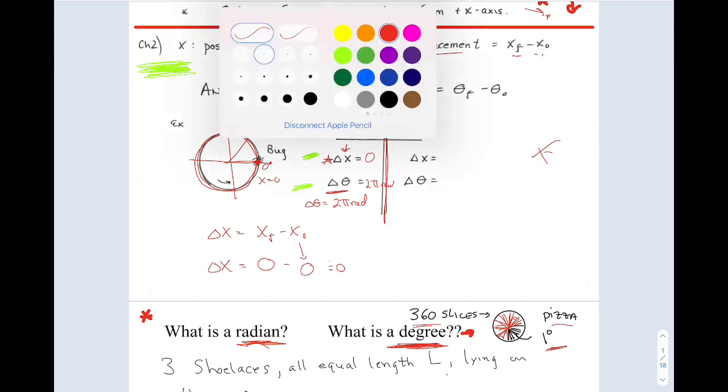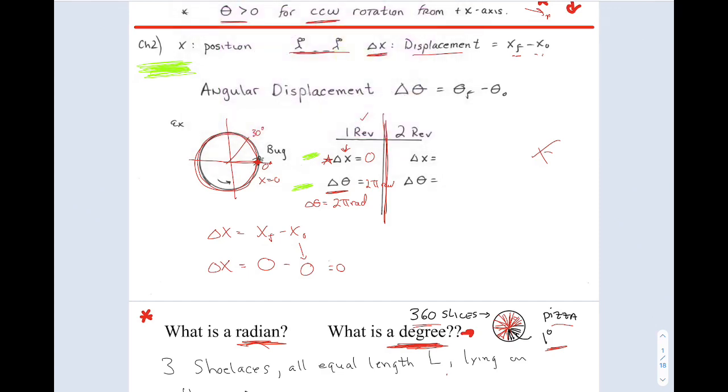Now, in this same picture, let's say the bug goes around twice. It starts here, goes around once, goes around twice. What is my displacement delta x for 2 revolutions?